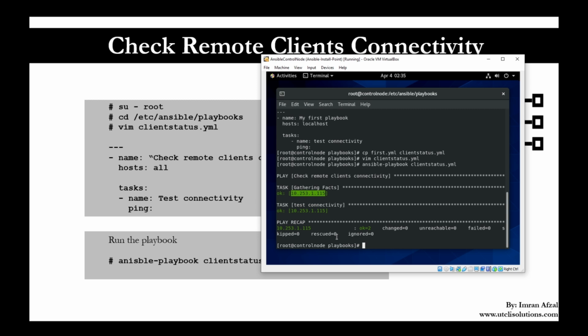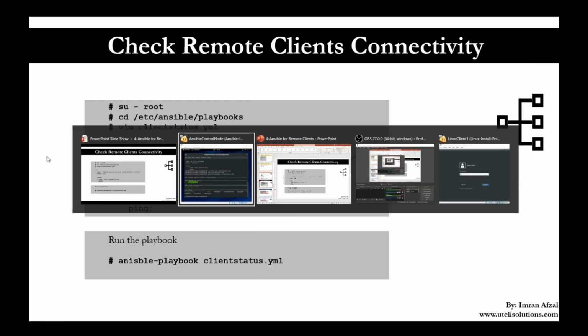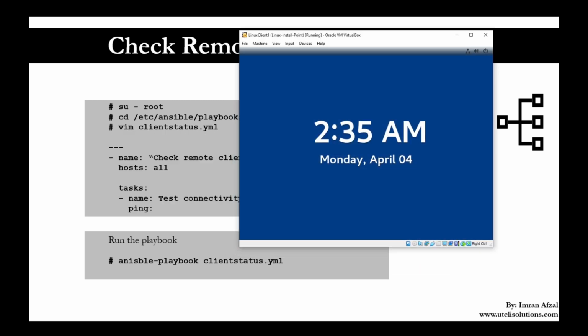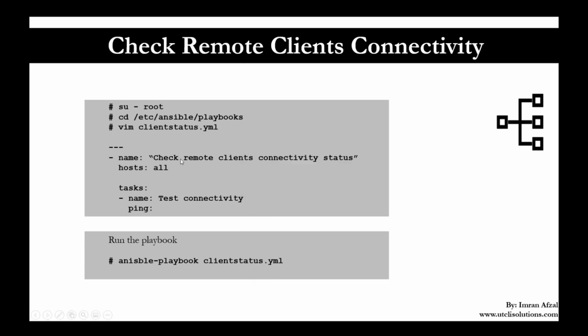It's showing that it pinged that client and it's pingable. If you shut down your client, which is right here, if I power this off right now and run this playbook, the playbook would run, but the test would come back as failed. All right, so this is your first playbook to execute against our remote clients.